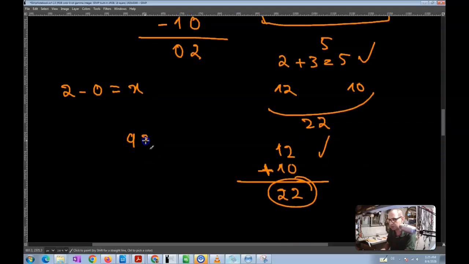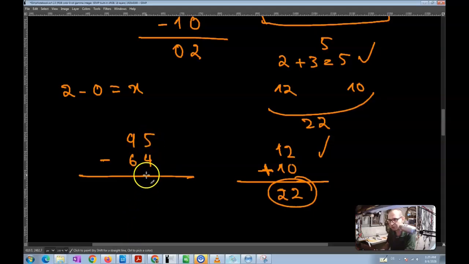What is, for example, 93 minus 64? So this is a subtraction. Let me make it a 95, so that everything is simple and easy. That's a 95, that's a 64. So what is 5 minus 4?